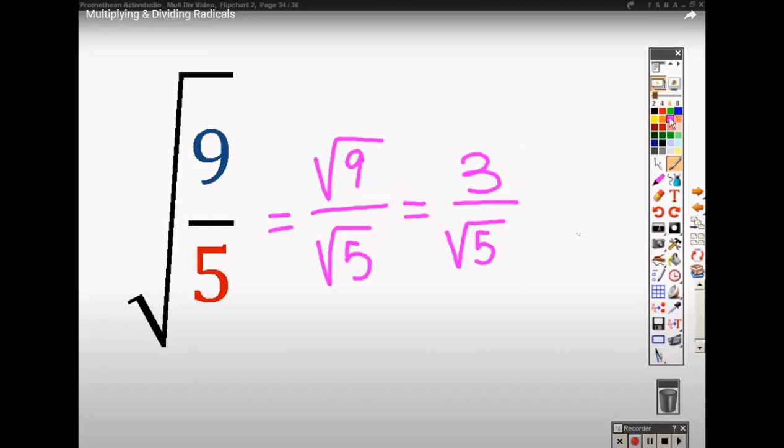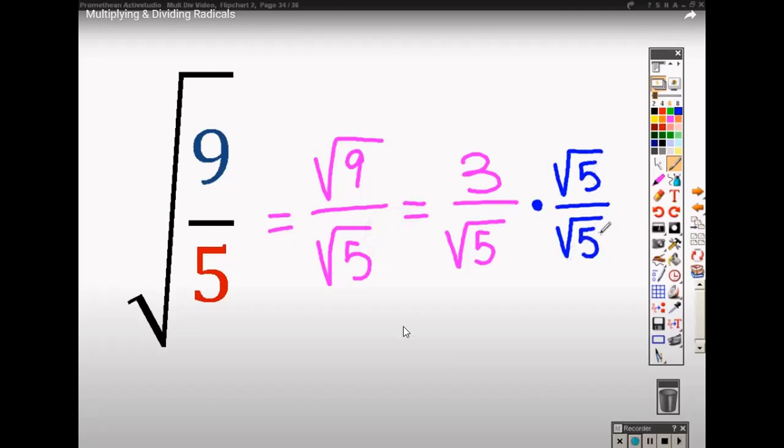So we have to multiply by its conjugate. Root 5 times root 5. In case the denominator is root 5, we will multiply by root 5 over root 5. If the denominator is root 2, multiply by root 2 over root 2, and so on.